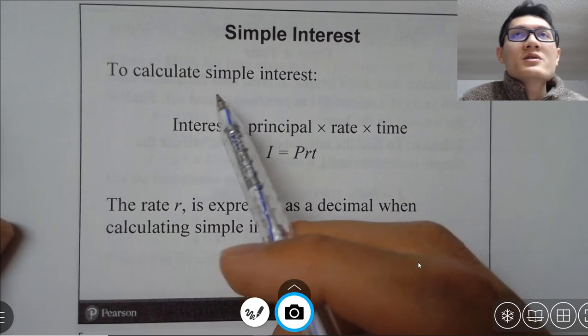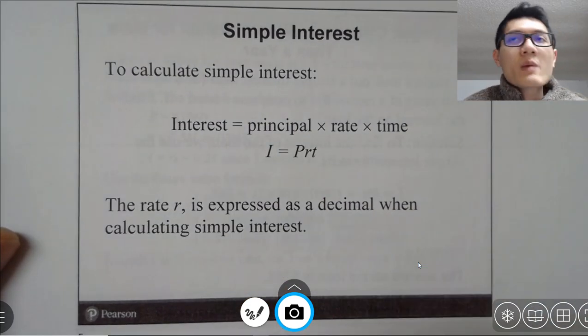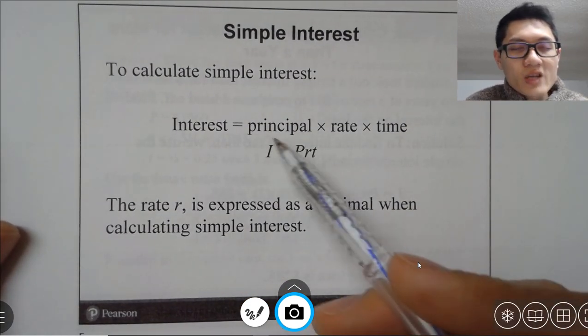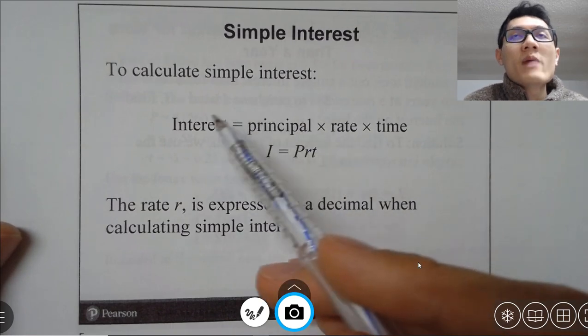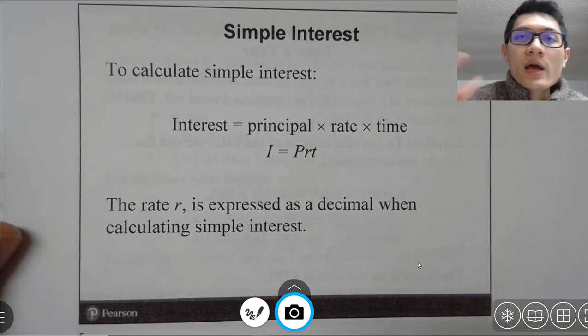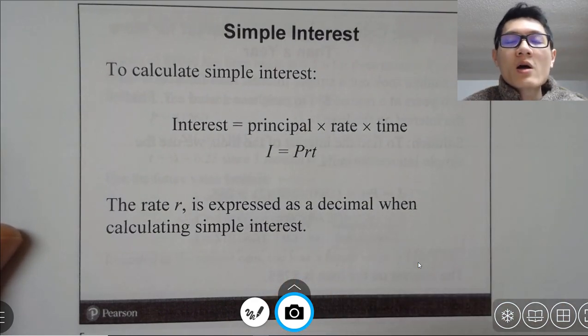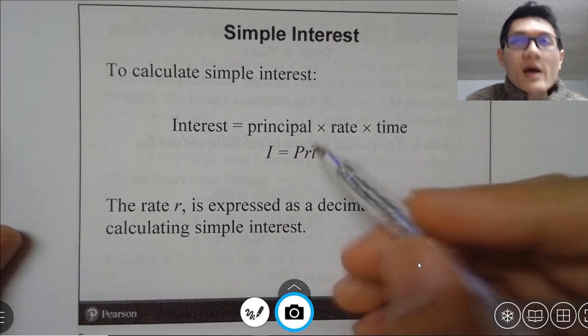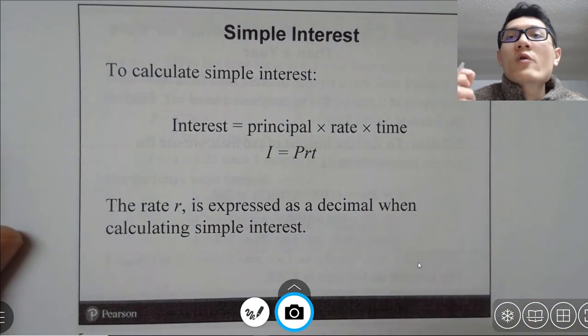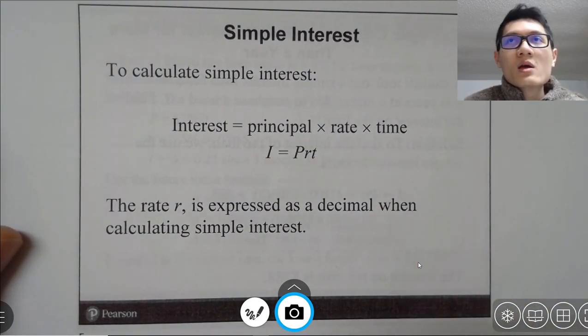So to find the simple interest, we have a simple formula. We take the principal, which is the amount of money that we lend to someone in the beginning, or when we borrow the money from the bank. We multiply that amount by the rate, the interest rate, and we multiply by the time.